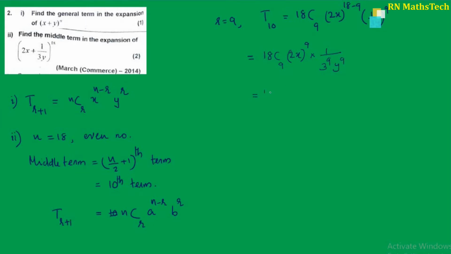That is equal to 18C9 into 2 raised to 9 into x raised to 9 into 1 by 3 raised to 9 y raised to 9, which can be simplified as 18C9 into (2 by 3) raised to 9 into (x by y) raised to 9. So that is the middle term.